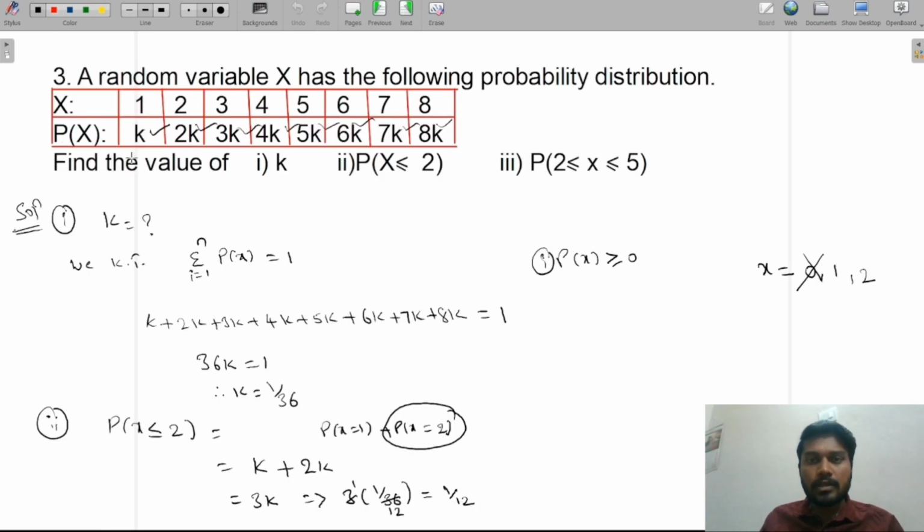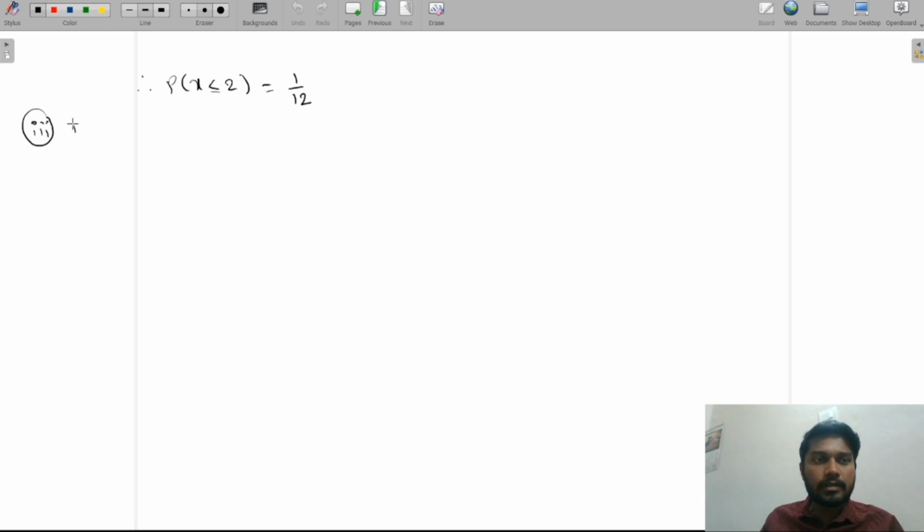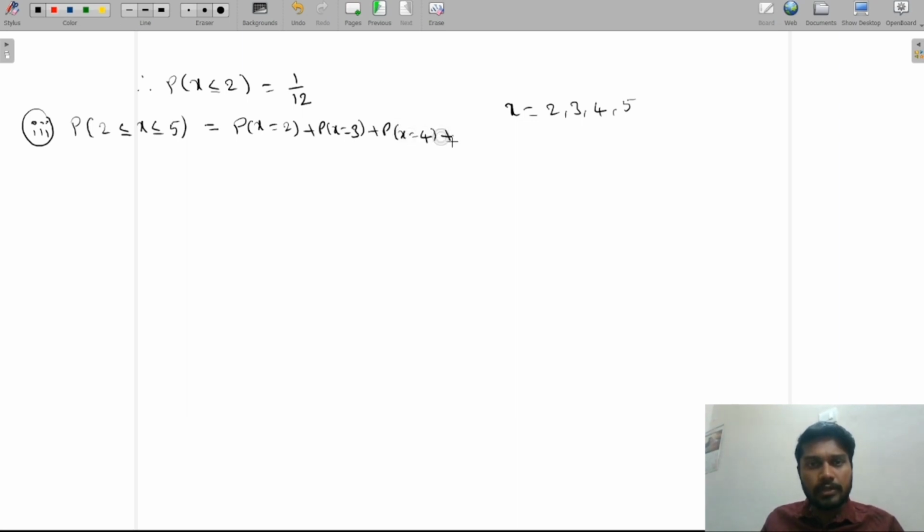Right. So now we'll find the third answer. What is the question? P of 2 less than or equal to x less than or equal to 5. What are the values for x in this question? X taking 2, 3, 4 and 5. We can denote it as p of x equal to 2 plus p of x equal to 3 plus p of x equal to 4 plus p of x equal to 5.